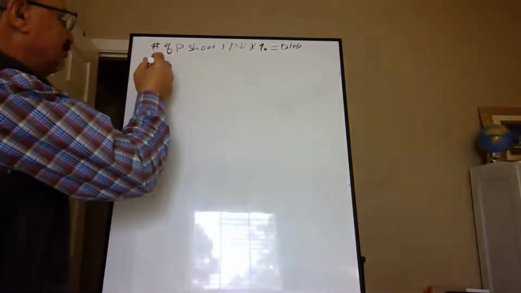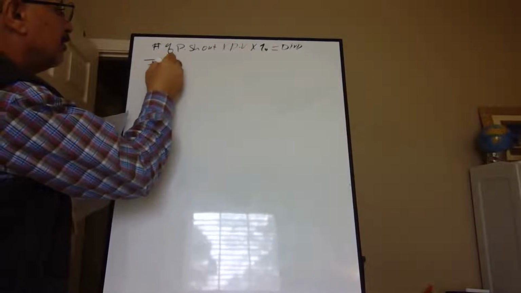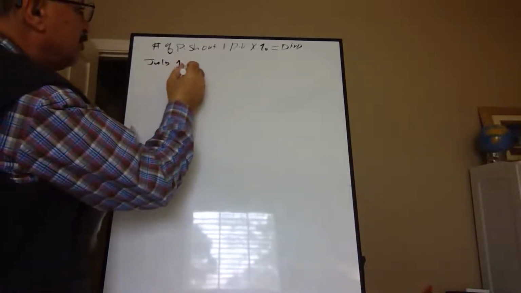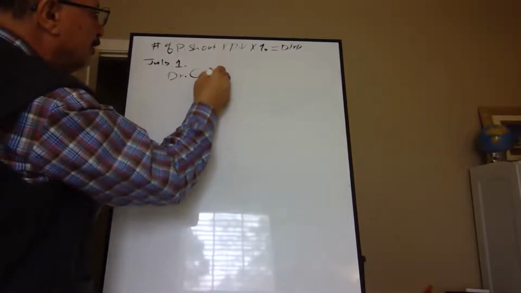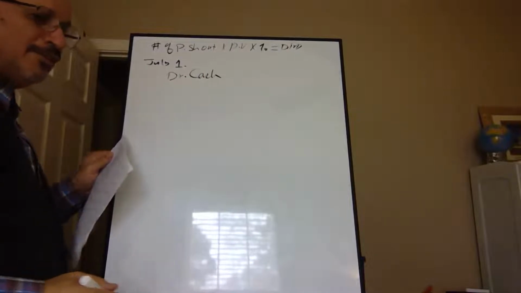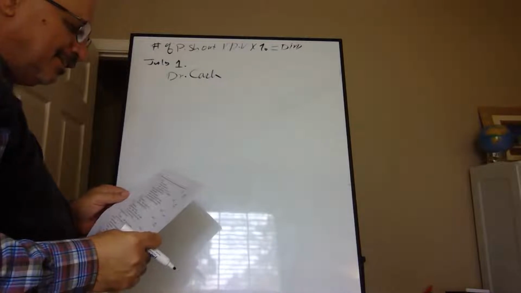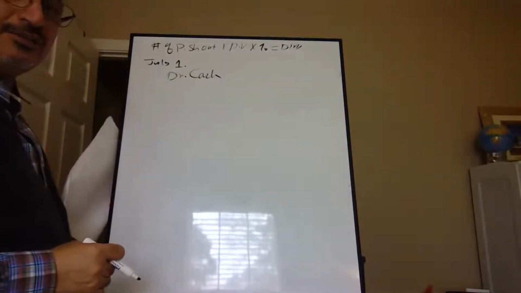So on July 1st, we're going to debit cash first. They issued 10,000 shares at $11, and that's going to give us $110,000.